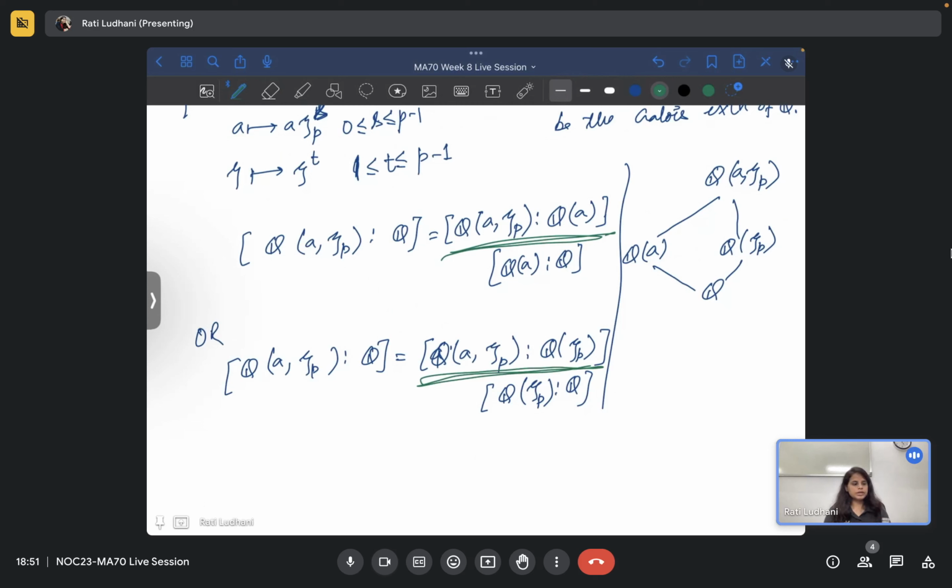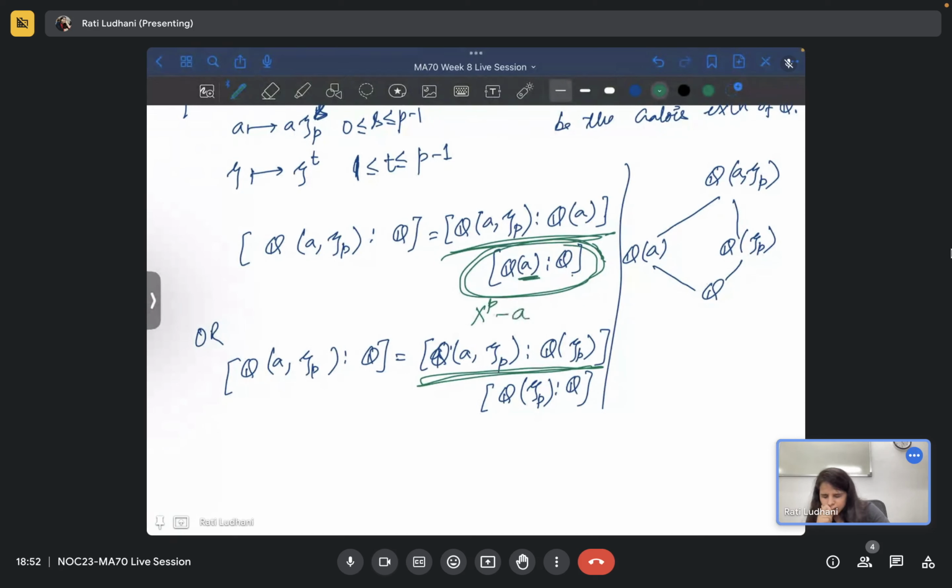So let's try to find, firstly, what do we know about this. What is Q(a) over Q? As we have already seen, this is a simple extension. For such a simple extension, if we know the degree of the minimal polynomial, then we are done. We have already seen the minimal polynomial of a over Q, that is x raised to power p minus a.